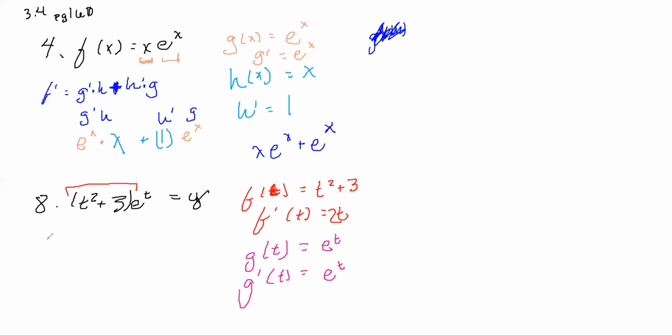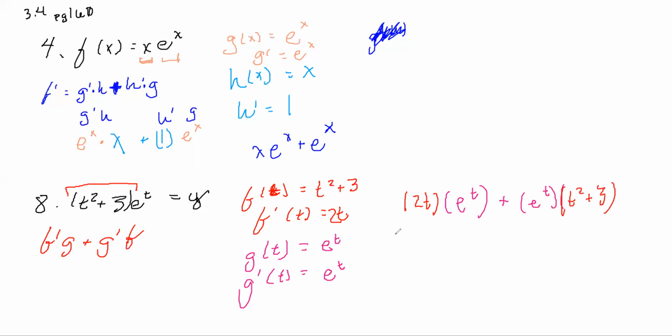So f prime g plus g prime f is kind of like the formula that I'm going to be going with. So f prime, 2t, times g, e to the t, plus g prime, e to the t, times f, which is t squared plus 3.